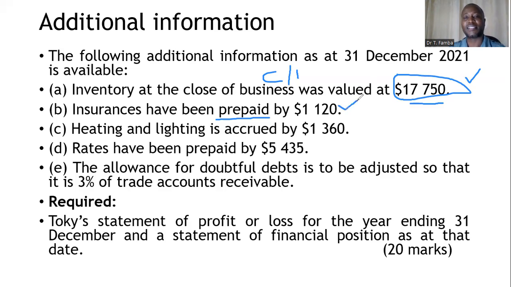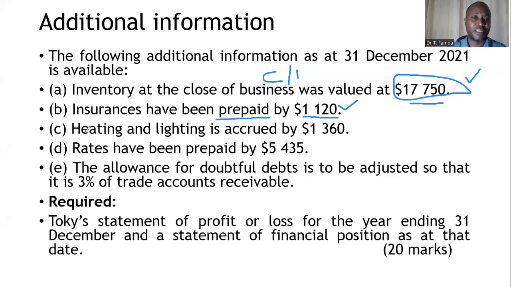So we need to highlight that it is an asset, but the same amount is going to have an effect in the statement of profit or loss and other comprehensive income, because if you remember, we have insurances in the extracted information that we have seen just prior to this slide.